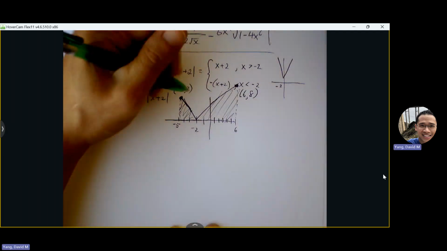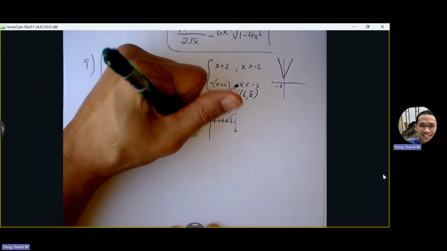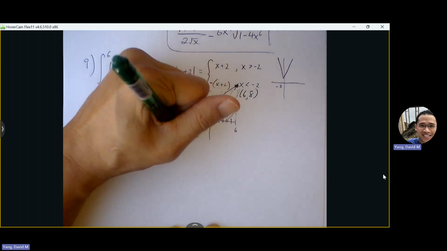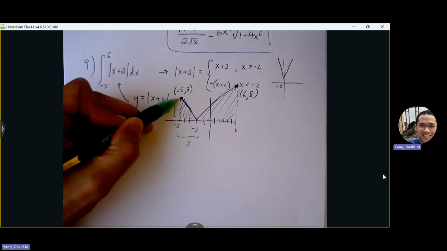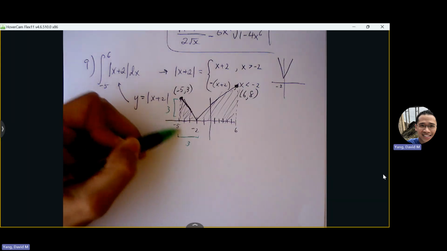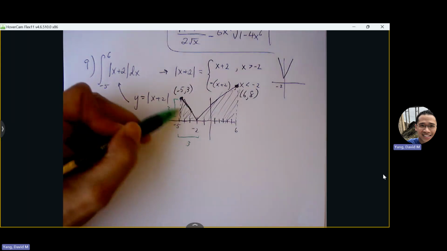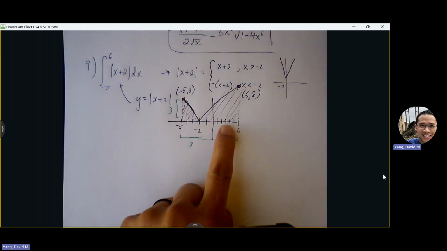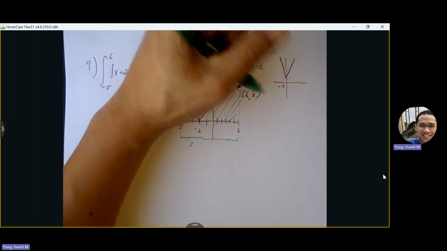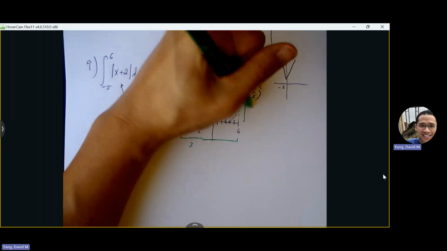So now let's find the dimensions here. This has a width of 3 and a height of 3, because that's the y value. 1/2 base times height. I have enough dimensions to get the area of this first triangle. What's the width of my second triangle here? 8. And the height is also what? 8.